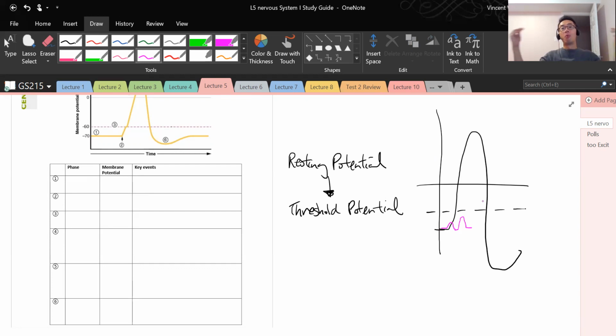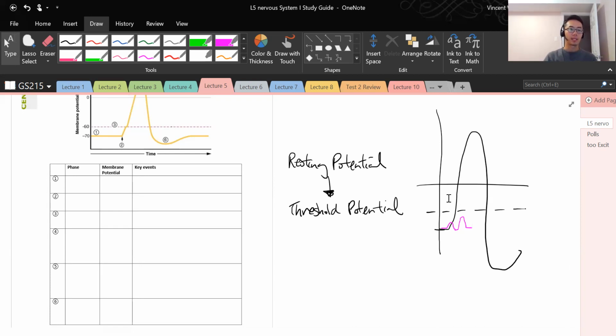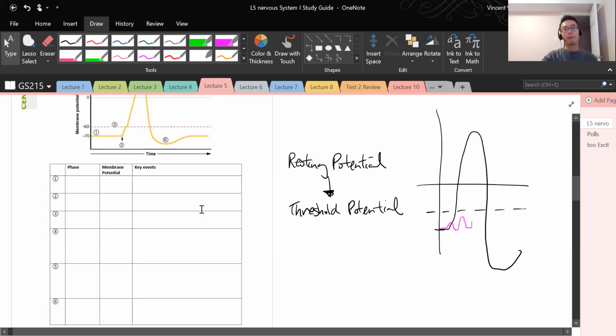If there are more inhibitory signals coming in than excitatory signals, then you will not reach the threshold. You must have enough green arrows coming in to push you over the threshold. If there are too many red arrows, then you won't be able to go past it. More on that later today.